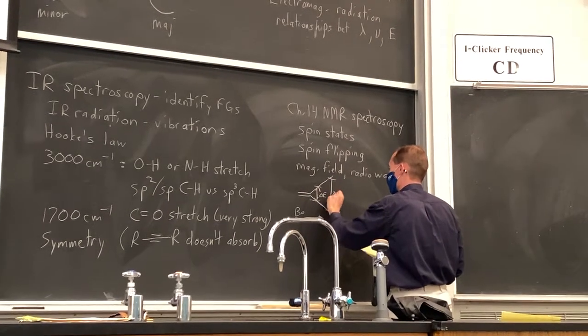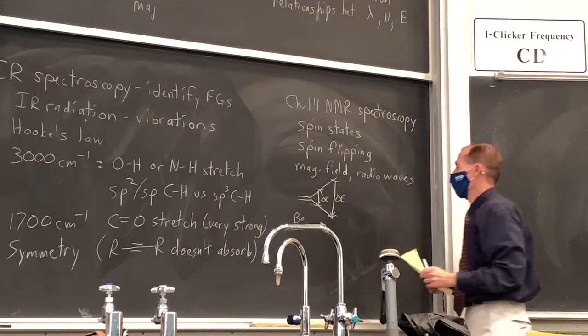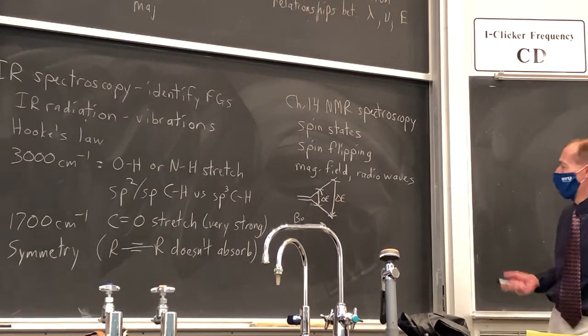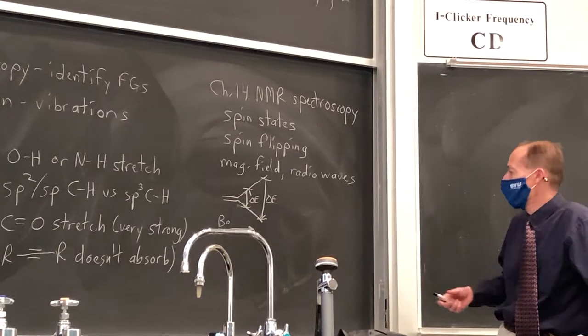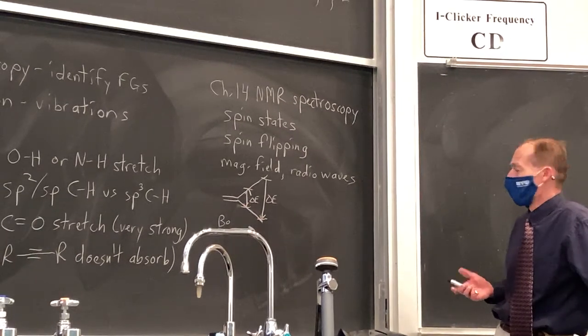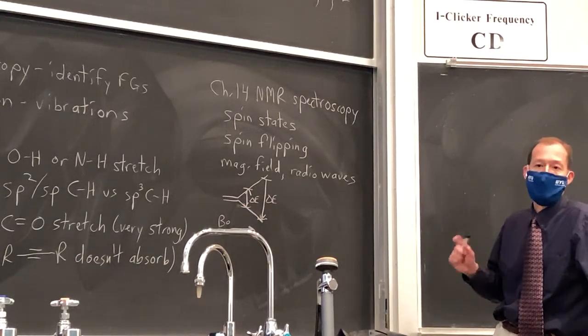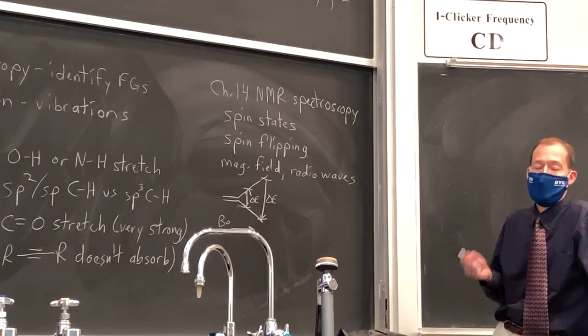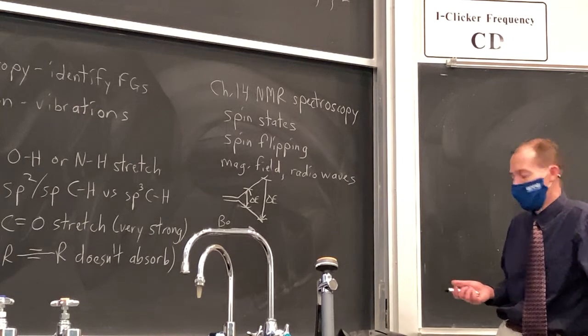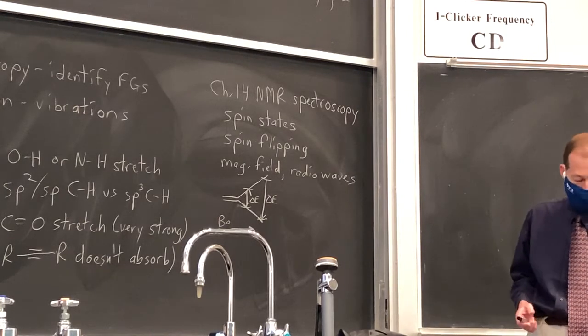Namely, that depending on the field strength that a given type of hydrogen atom or proton is feeling, there will be a difference in energy between those nuclear spin states, and that will cause the signal for those protons in the NMR to show up at a slightly different position. Okay?